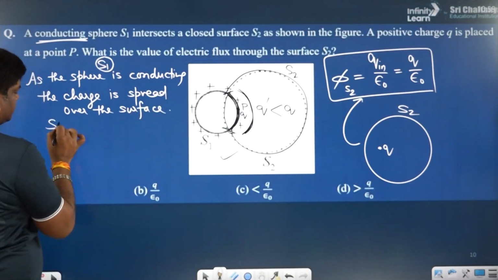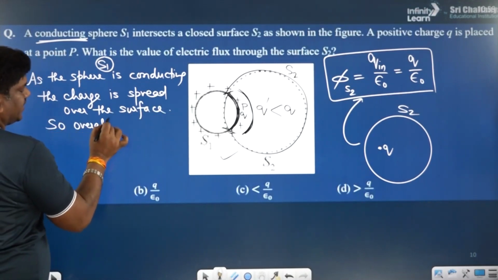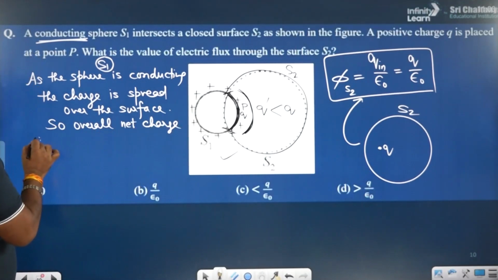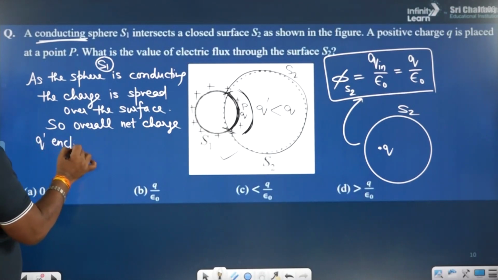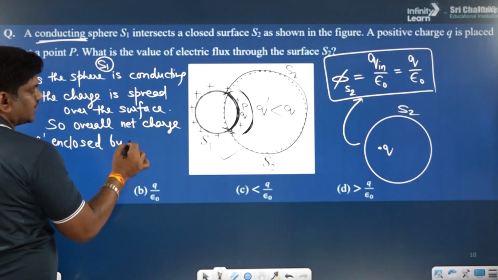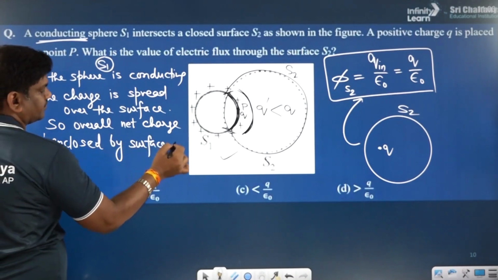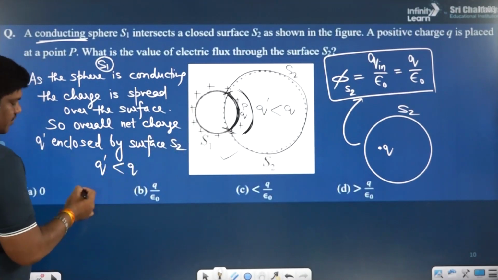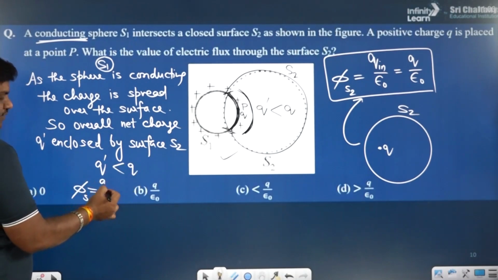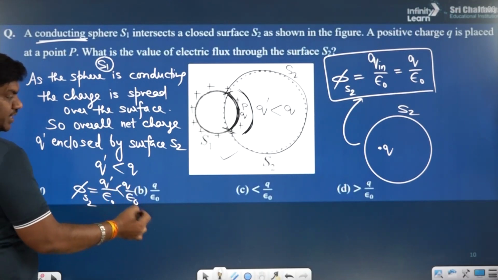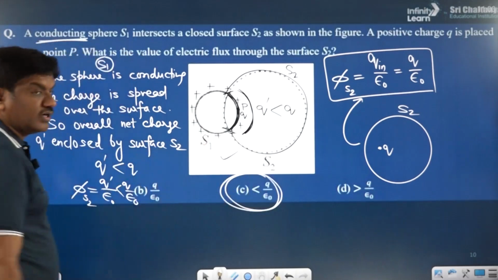So the overall net charge Q dash enclosed by surface S2 is definitely less than Q, and therefore the flux passing through S2 will be Q inside by epsilon naught, which is Q dash by epsilon naught, definitely less than Q by epsilon naught. My right answer should be C, not B.